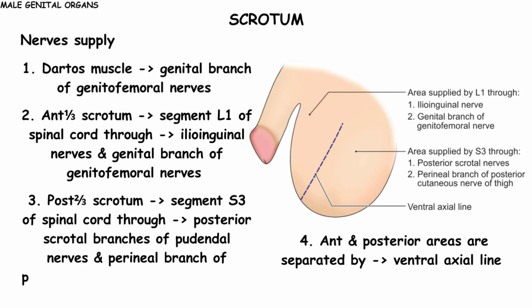The anterior one-third of the scrotum is supplied from the L1 segment of the spinal cord through the ilioinguinal nerve and genital branch of the genitofemoral nerve, and the posterior two-thirds is supplied by the S3 segment of the spinal cord through posterior scrotal branches of the pudendal nerve and the perineal branch of the posterior cutaneous nerve of the thigh. The anterior and posterior areas are separated by a ventral axial line.